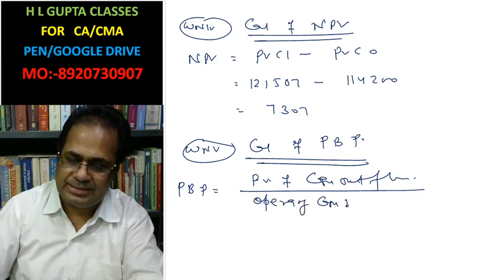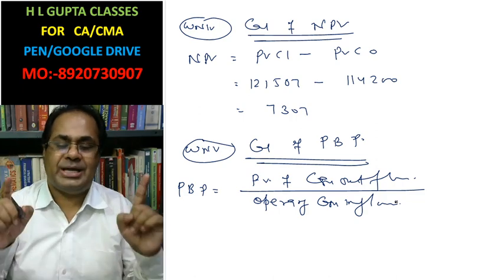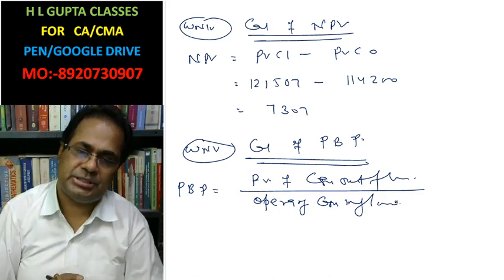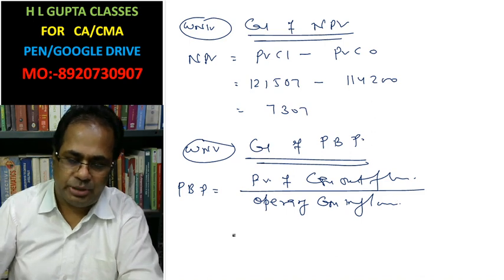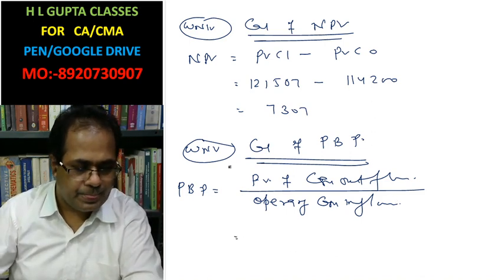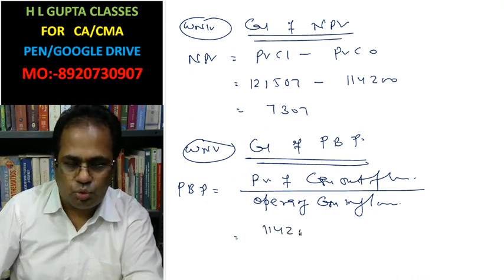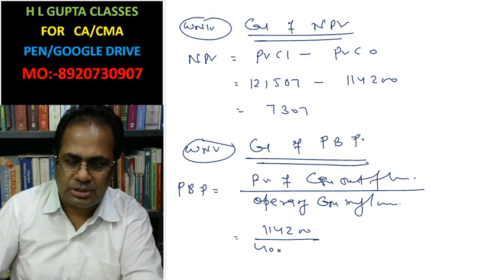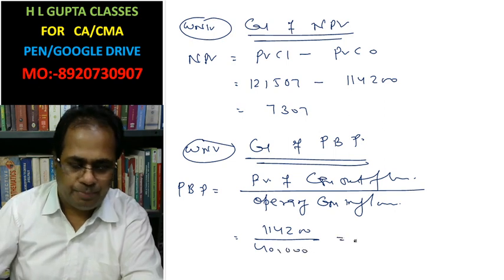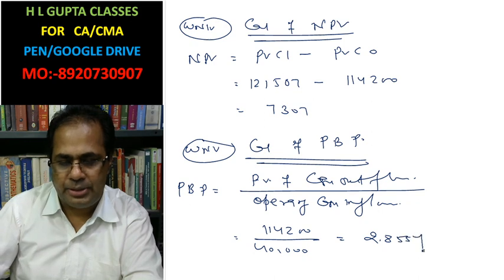This formula is applied only when there is the same cash inflow in each year. This is 1,14,200, and the 40,000 is the cash inflow in each year. So the payback period is 2.855 years.